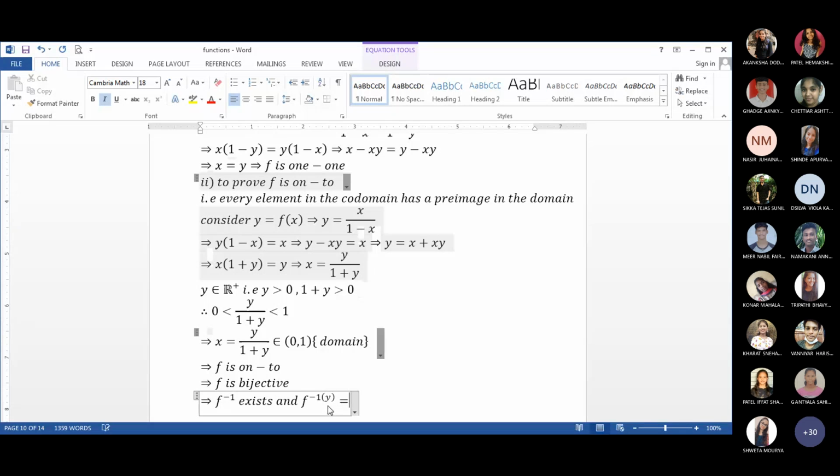And what is your f inverse of y? f inverse of y will be जो अपने को x का एक्सप्रेशन मिला y के टर्म्स में, y upon 1 plus y. तो ये मेरा f inverse y हो गया.